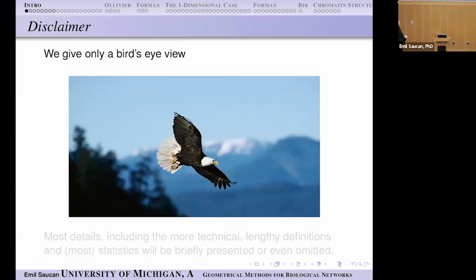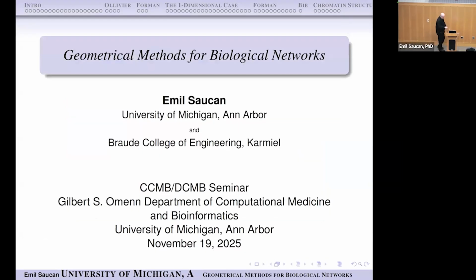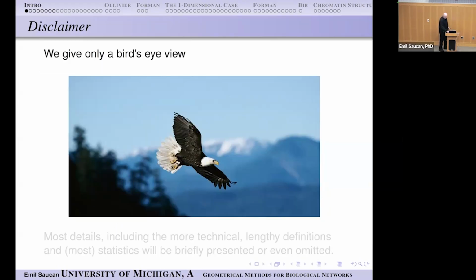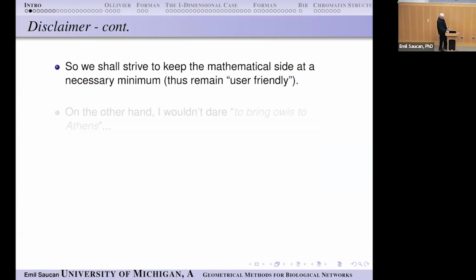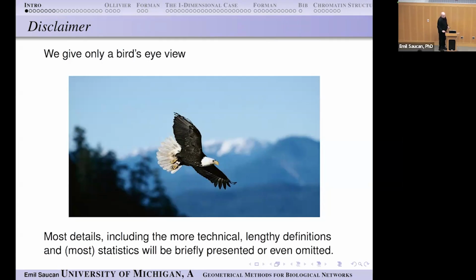Okay, so what I'm talking about, well, I won't go into depth. Just a very bird's eye view of things. So it means that I won't go into any technical details. Okay. So what next? No? Okay, now it's okay.